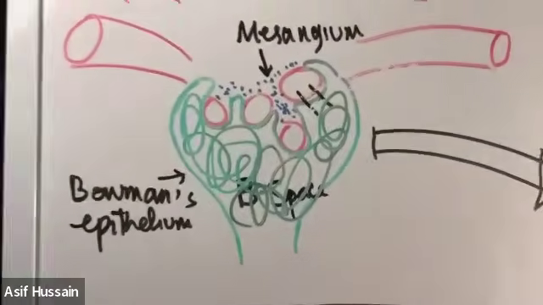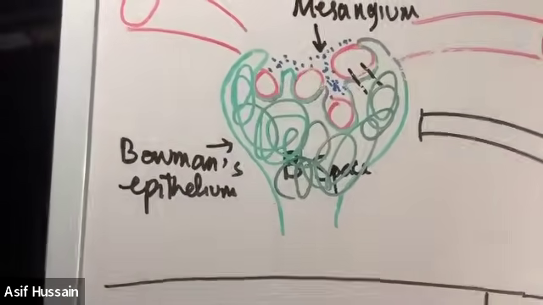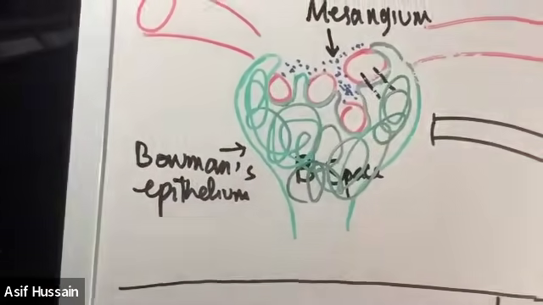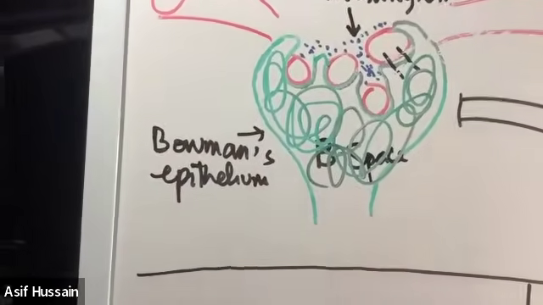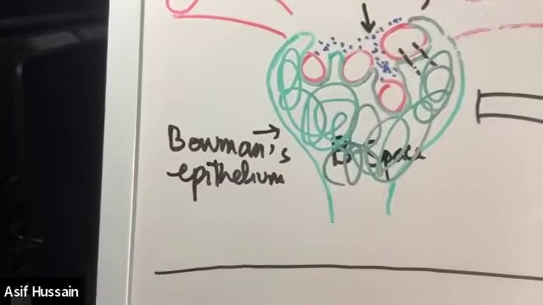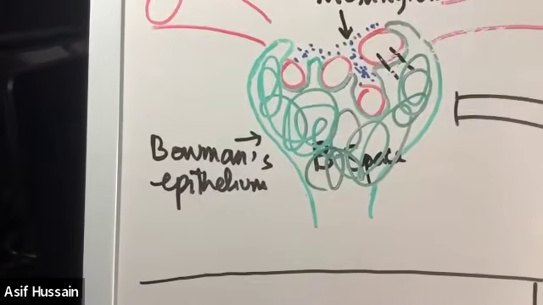Okay, now that proliferation, of course, when the mesangial cells are proliferating, they will expand the mesangium. So that will cause mesangial expansion, and that will compromise the capillaries. The capillary will be compressed, and that will cause fall in GFR and fall in renal function.